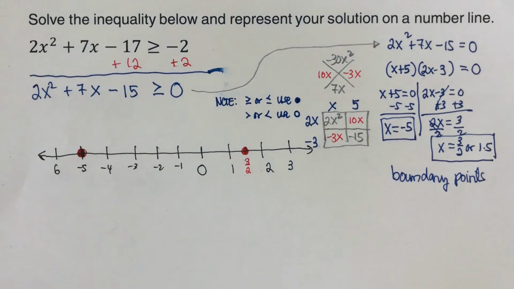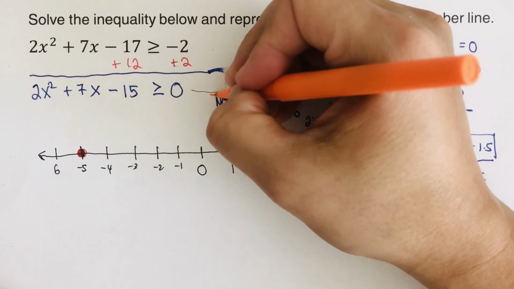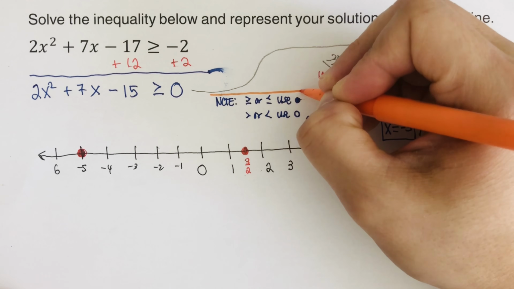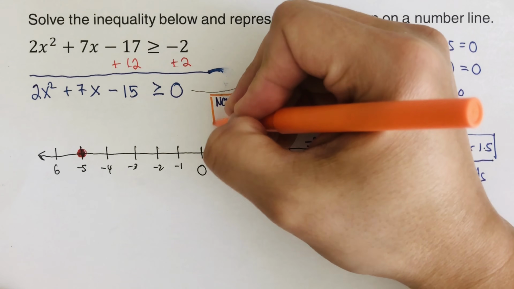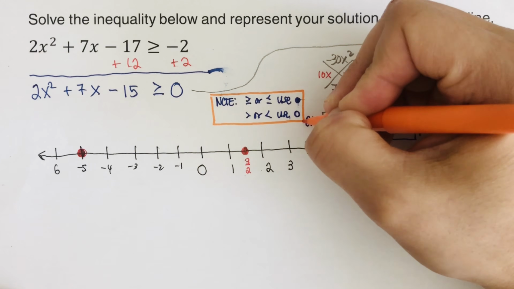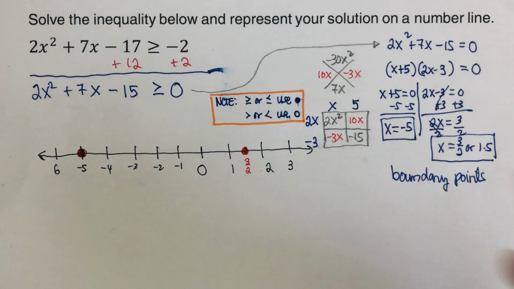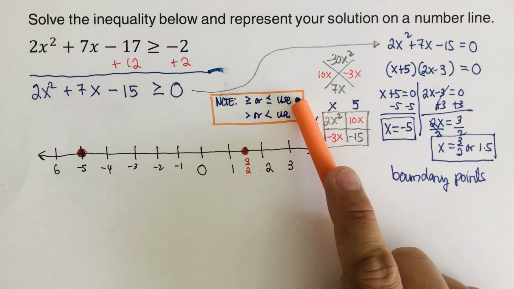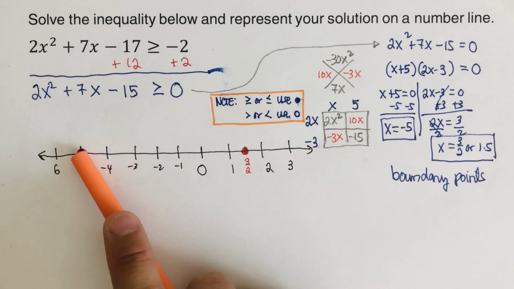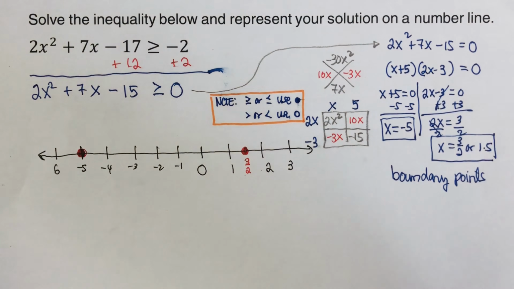So this note is a guide in determining the solution to an inequality. Since there is a bar underneath, we use a closed circle. But in the first example, I used an open circle because there was no bar underneath the inequality sign.